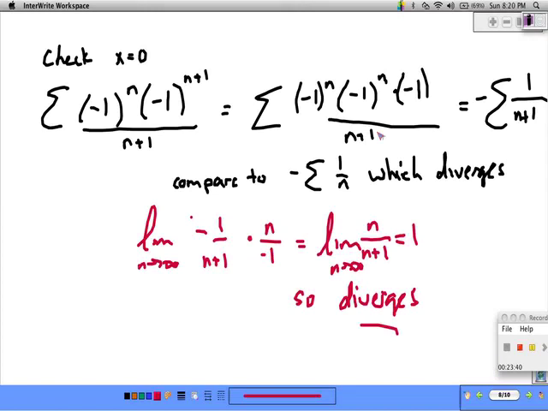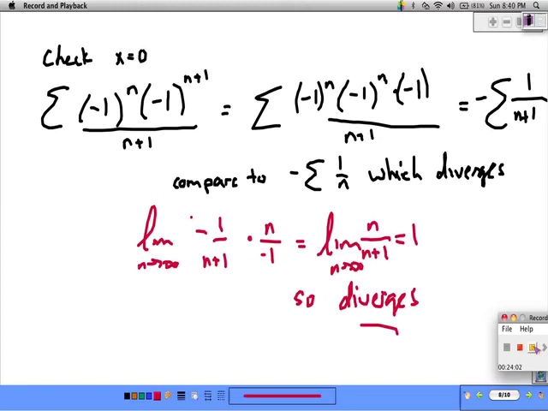But now we have to go and check x equal to 2, the other endpoint. You find that using the alternating series test gives you a convergent series.